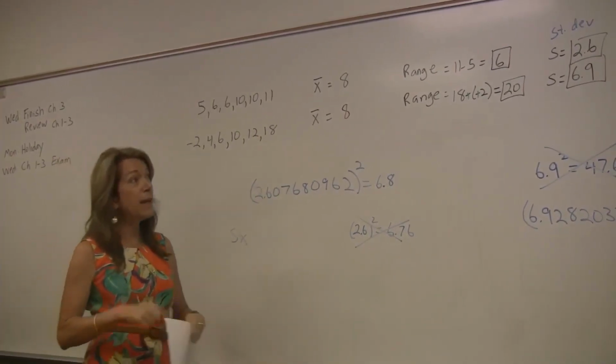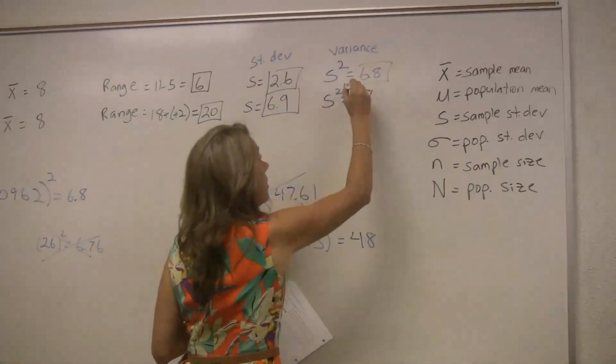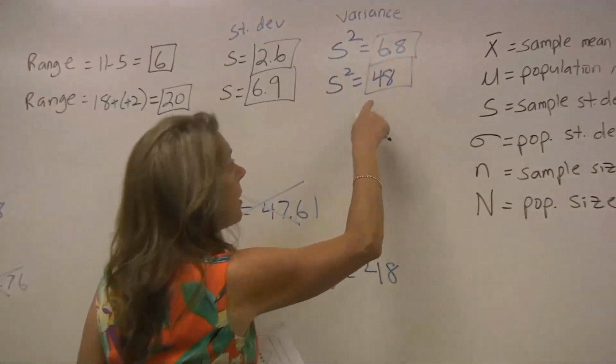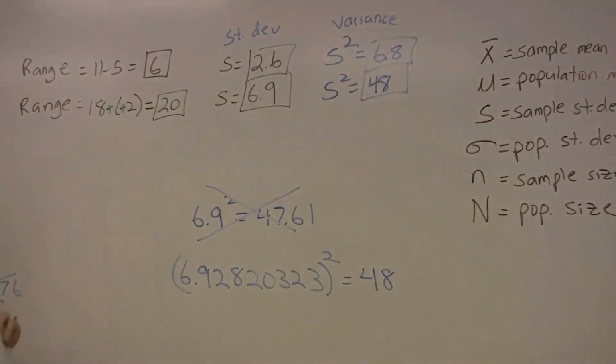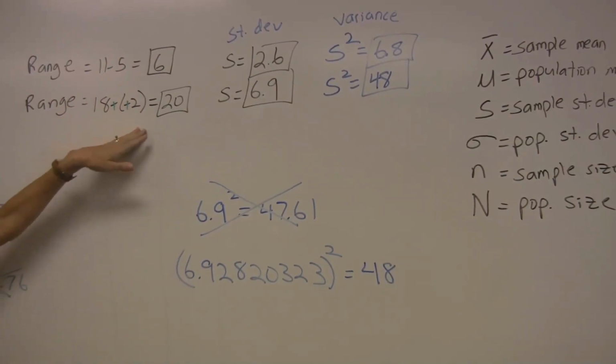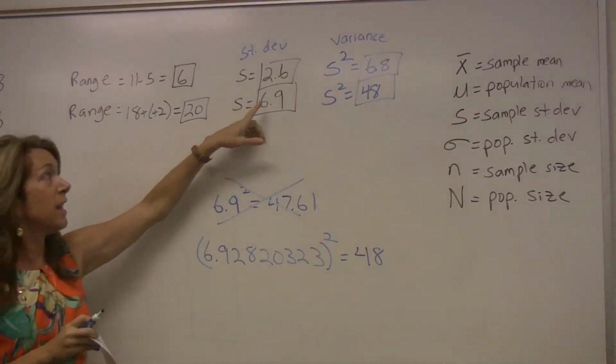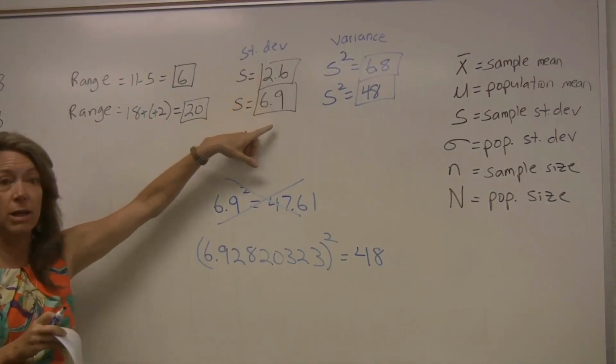So there are 3 ways of measuring variation. That's a 48. I thought it was a 4.8. Wait a minute. So we have the range. The range here was 6, the range was 20. The second number was larger, telling me they were more spread out. We have your standard deviation, 2.6 or 6.9.